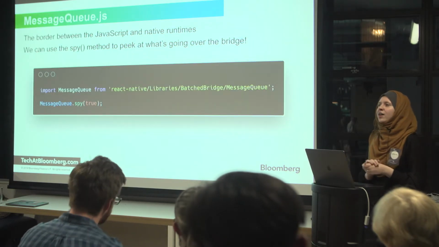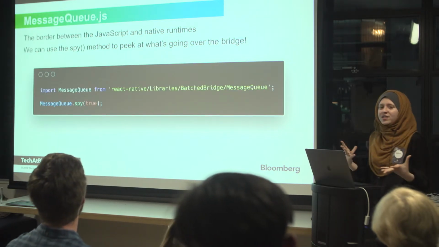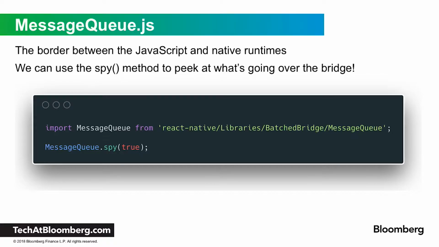So you might be thinking, okay, this sounds kind of interesting, but how does this affect me? Like, I'm just gonna make a cool React Native app that doesn't really need any native functionality that isn't already implemented. Well, there's something really cool called the message queue class, and it has a function on it called the spy function.